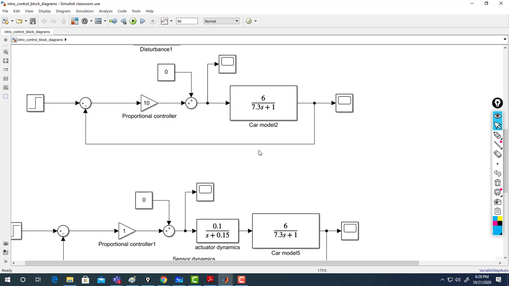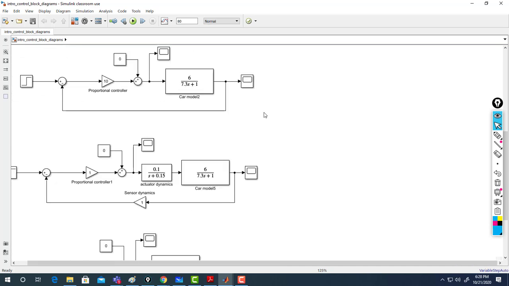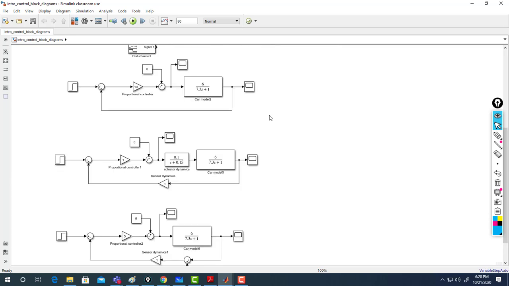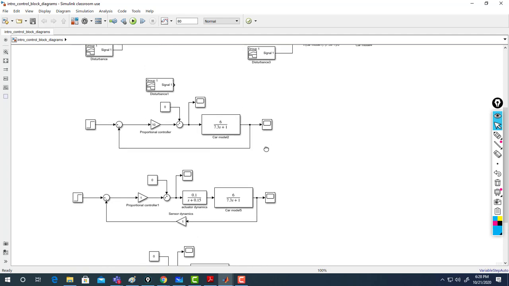So I feed it back with a sensor equal 1, disturbance equal 0 and noise equal 0. There is no noise, there is no disturbance, just with the gain equal 10. So let's see the simulation then.